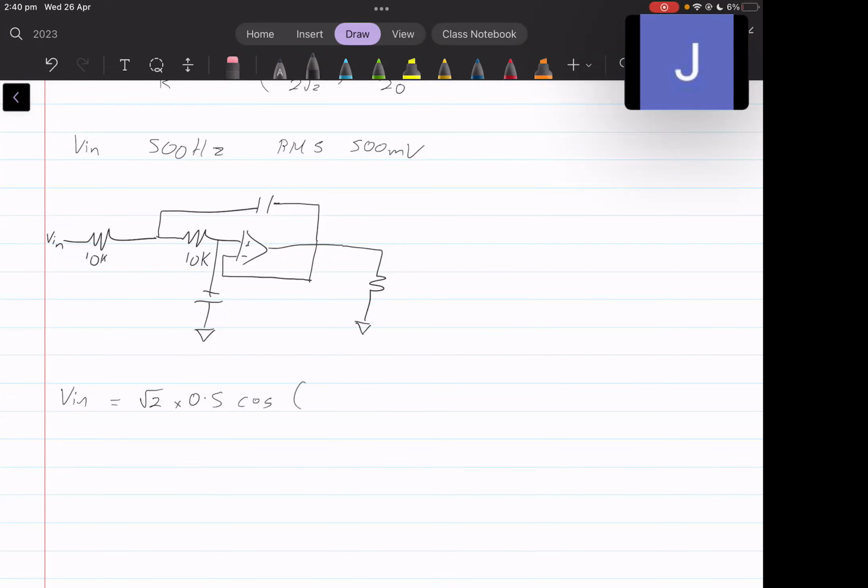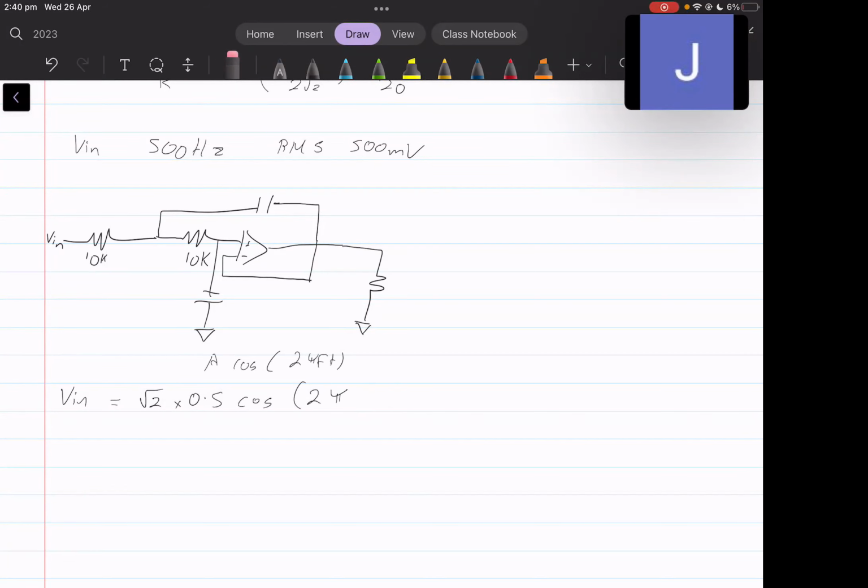Doesn't matter if you write cos or sine. And what should we put in here now? Yeah. Okay. So it's just 2 pi ft. That's what always goes. All right, top.